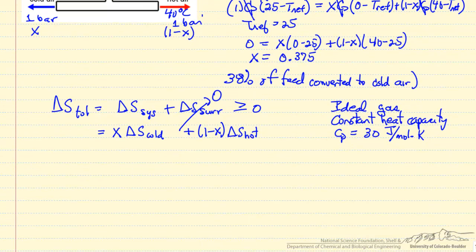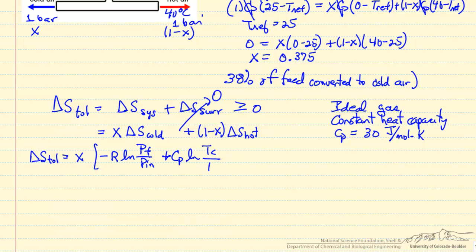So now what I want to write down is the total entropy change as x times the change for the cold air. There are two reasons the entropy changes. One, because the pressure changes: minus the gas constant R times the log of the final pressure over the initial pressure, plus the heat capacity times the log of the final temperature, the cold temperature, over the initial, the inlet temperature.